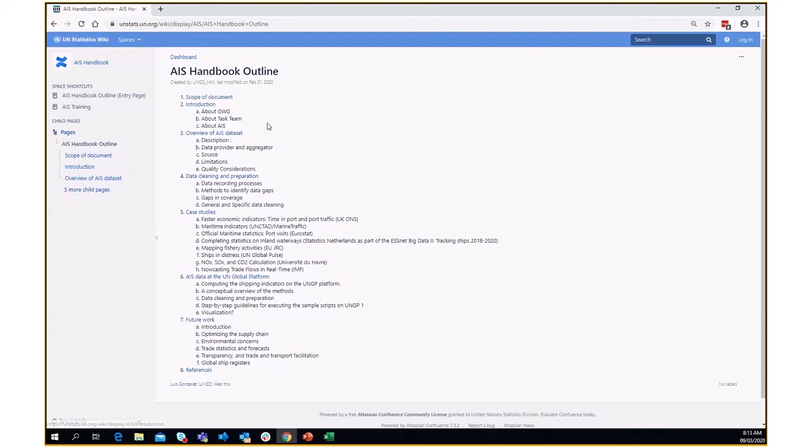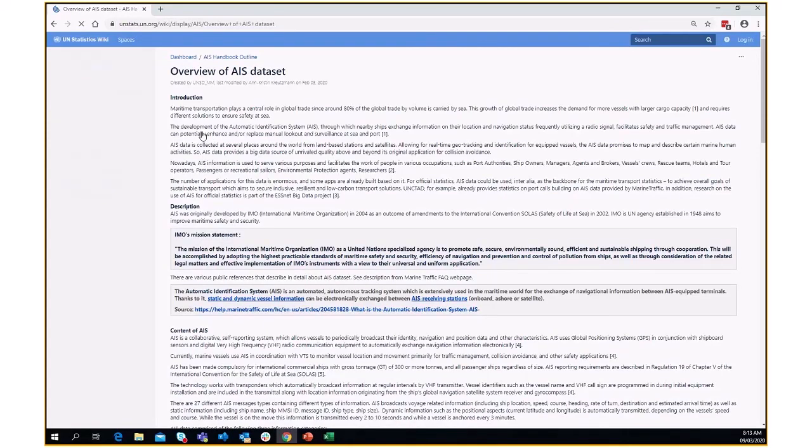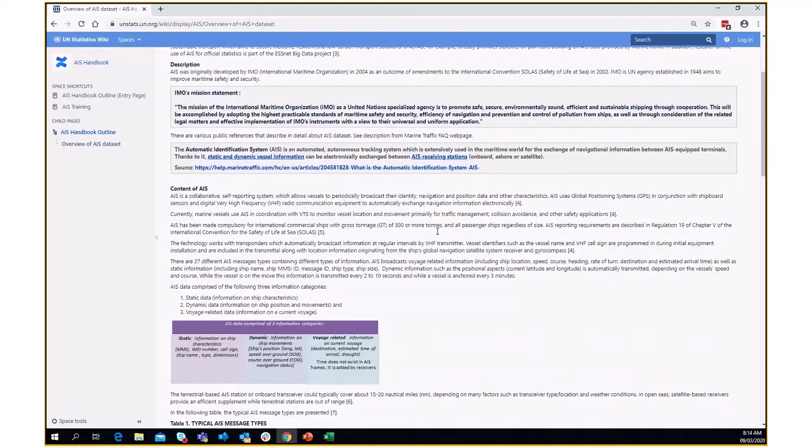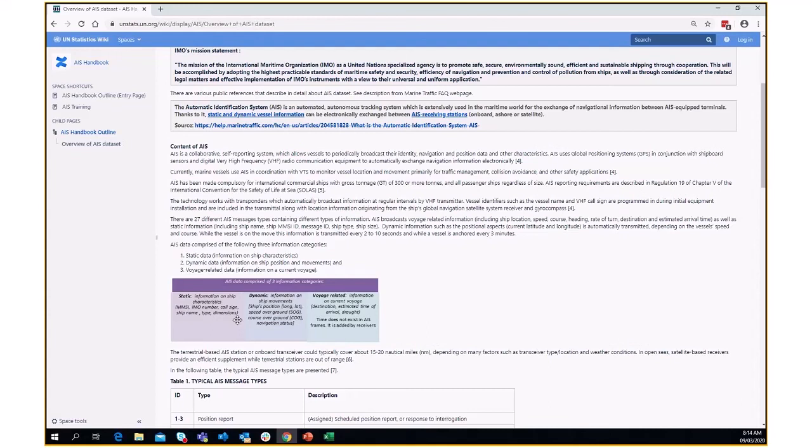And maybe we can have a look at the overview of the AIS datasets page. So there's an introduction, there's a more detailed description, what was the convention where it was decided that the IMO wants to have this AIS data. There's more information about what kind of information is actually sent in these signals.